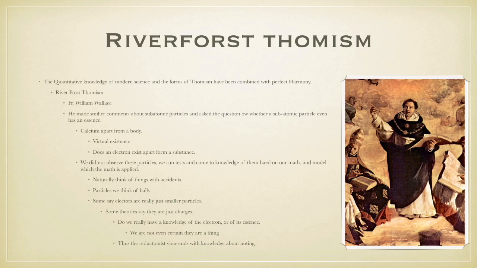act and function. Actually, when we think of subjects, we always apply accidents to them. When we think about subatomic particles, we tend to think of little balls. However, the consensus is that electrons really aren't electrons, but electrons are reduced to quarks, and quarks are reduced to something even smaller. There are even some branches of science that say subatomic particles are simply charges, and all matter and substance is ultimately just energy.